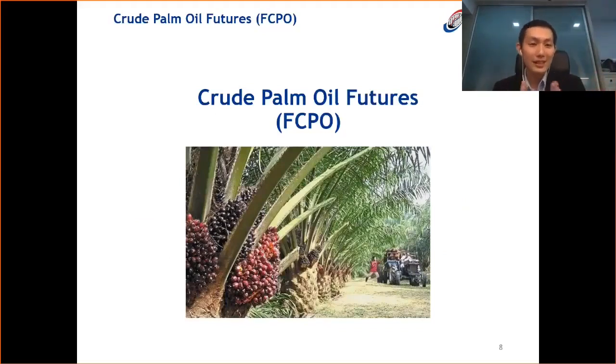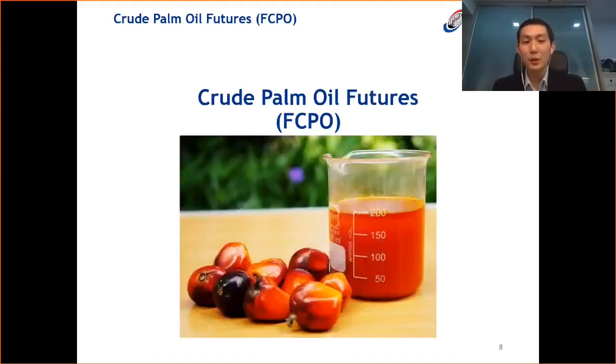But in fact, this is not the product that you are trading, okay? The actual product that you are trading is this glass jar, this orange liquid. So this is actually the crude palm oil that you are trading. You are actually trading the palm oil, the liquid form, okay? It's not the fruit.